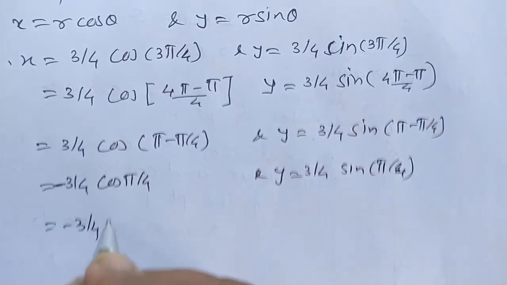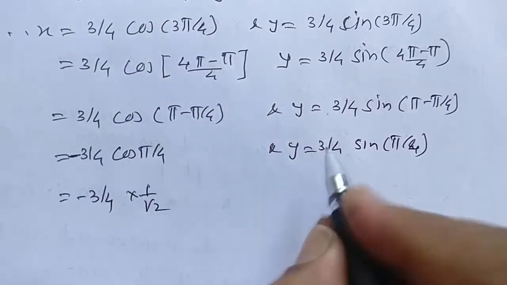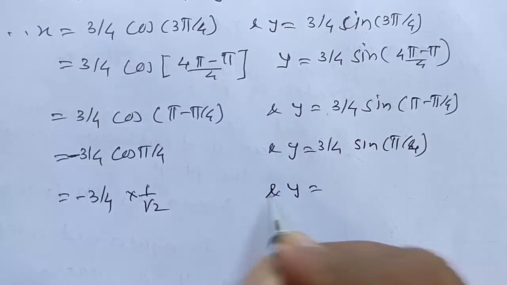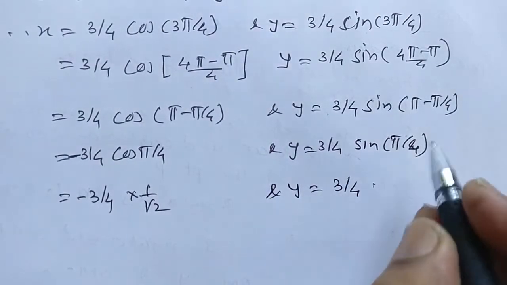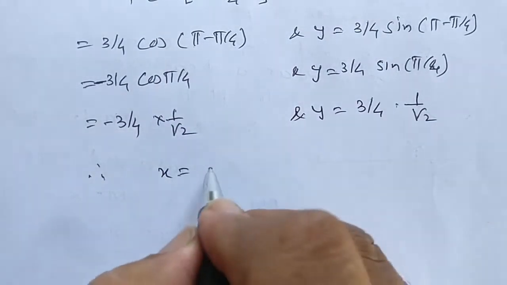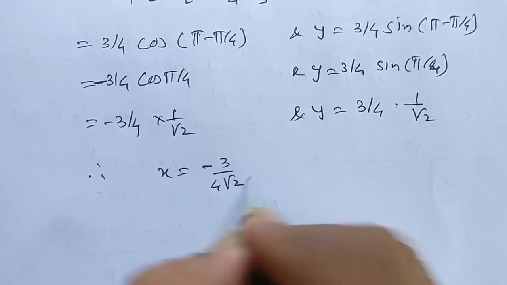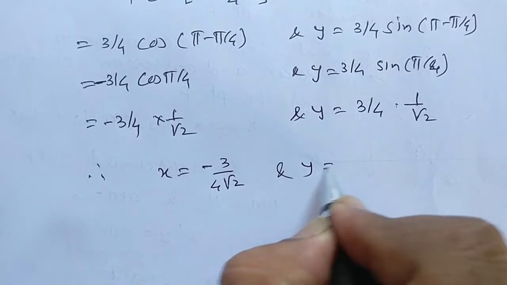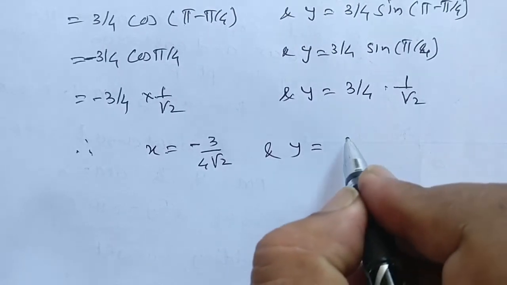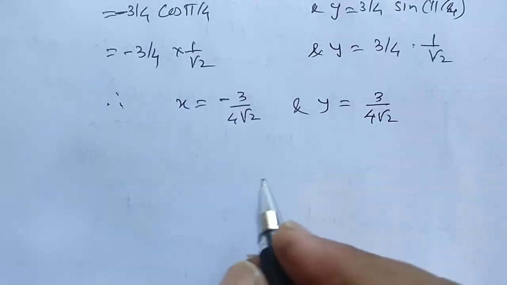So x is minus 3 by 4 cos pi by 4. Cos pi by 4 is 1 upon under root 2 and y is equal to 3 by 4 sin pi by 4, which is also 1 upon under root 2. Therefore, x is equal to minus 3 upon 4 under root 2 and y is equal to 3 upon 4 under root 2.